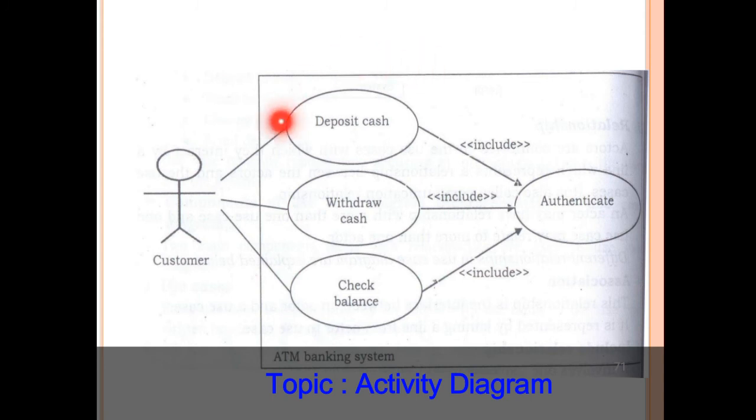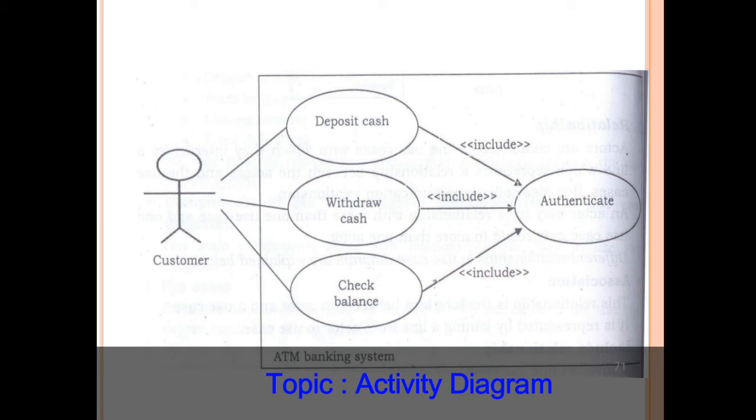All this process is done by the customer, and this includes authentication. The communication between the customer and the ATM bank system is denoted by this type of symbol, which is known as a use case. The customer can deposit cash, withdraw cash, check balance, and all of these are included in one authentication, otherwise we can also say an authorized person.